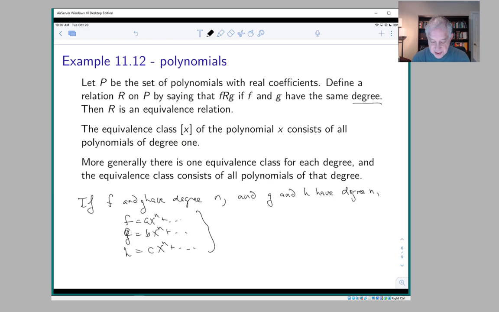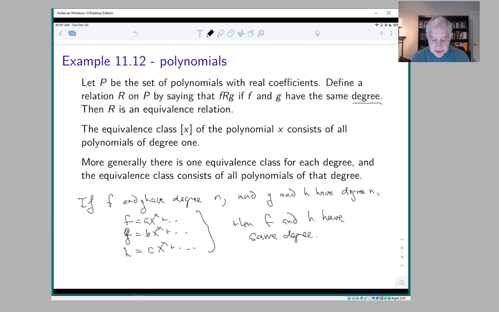So therefore it's clear that f and h have the same degree. So it is an equivalence relation. I didn't check reflexivity and symmetry, but hopefully you believe that.